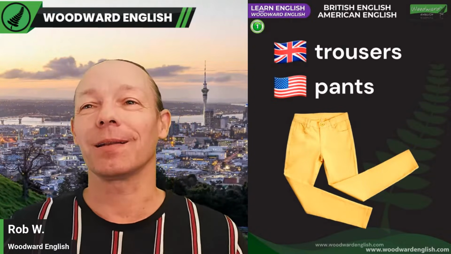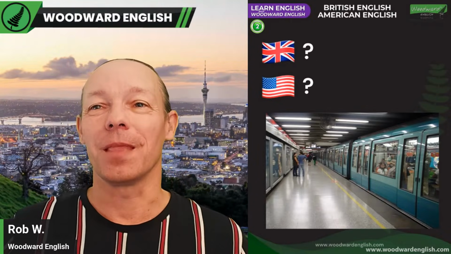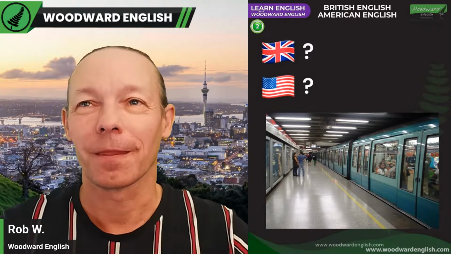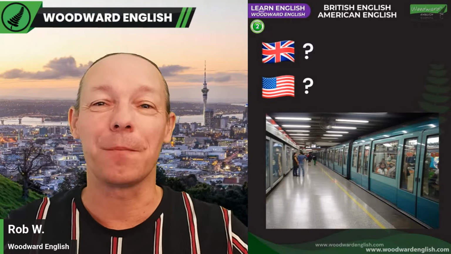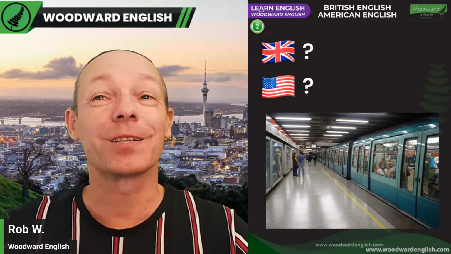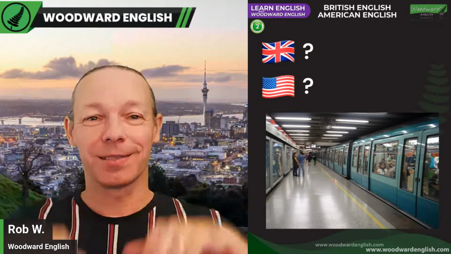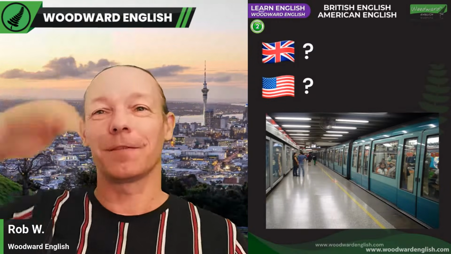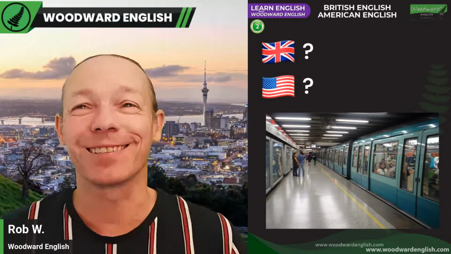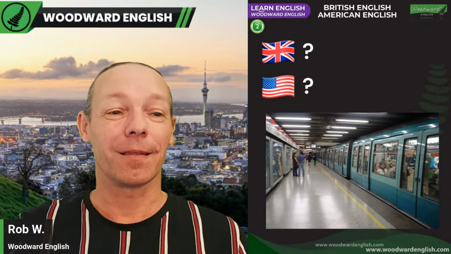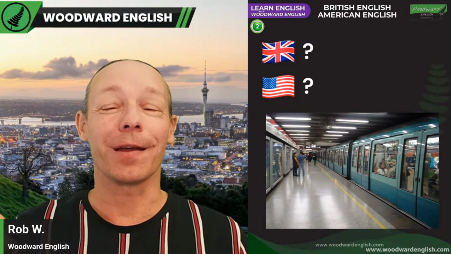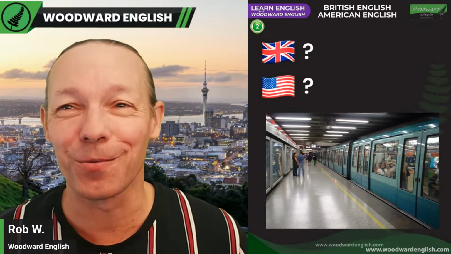The next one is this one, number 2. This one here is a photo of a form of public transport where it is not above the ground, it is somewhere else. But sometimes it does appear above ground. I'm just trying to avoid some certain language.